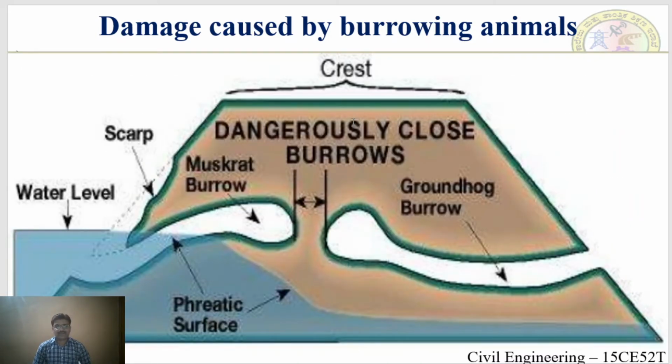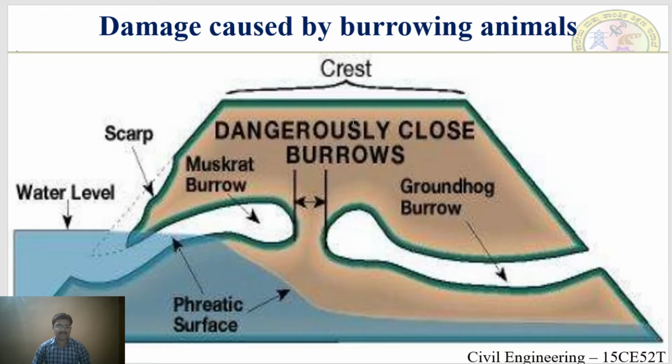This is a pictorial representation which shows the damage to the earth dam by the burrowing animals. In the upstream face, the water level is present, and a muskrat is digging its home in the upstream face of the earthen dam. There is a phreatic line.